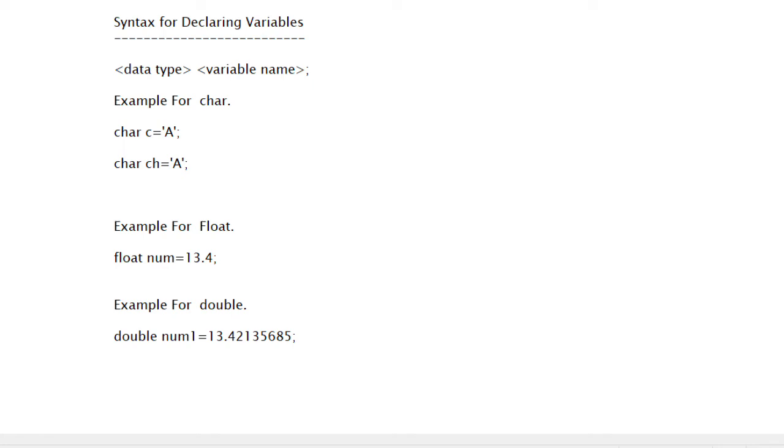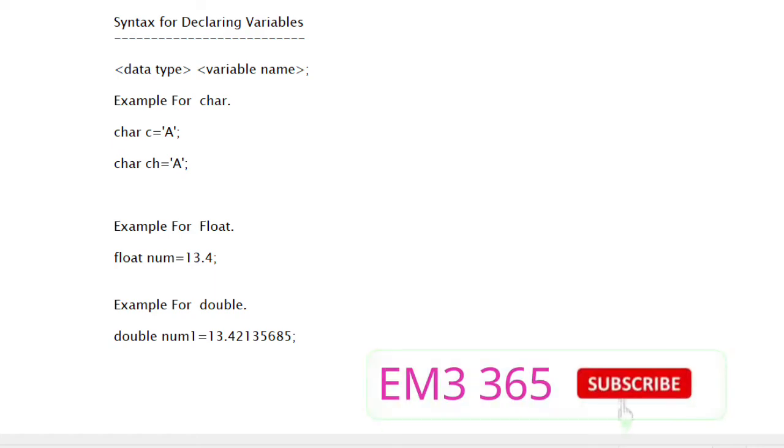So here is another example, for a float data type. Similar to the previous two, first I have given the float data type name. Secondly, I declared one variable. The variable name is num.